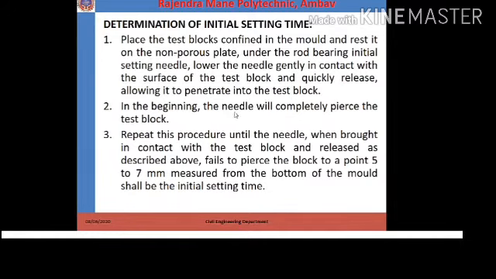In the beginning, the needle will completely penetrate the test block. Repeat this procedure until the needle, when brought into contact with the test block and released as described above, fails to penetrate the block to a point 5 to 7 mm measured from the bottom of the mold. That time shall be the initial setting time.